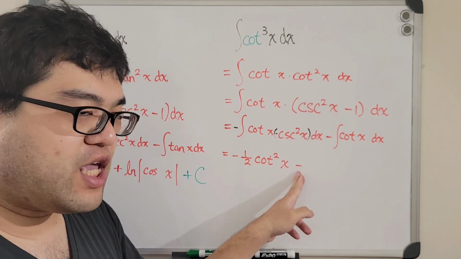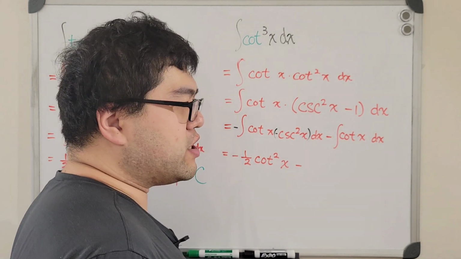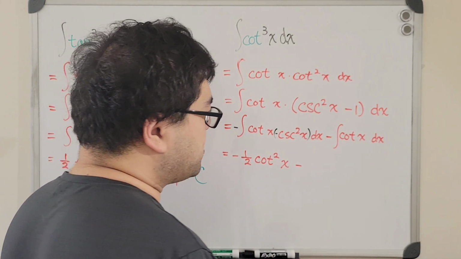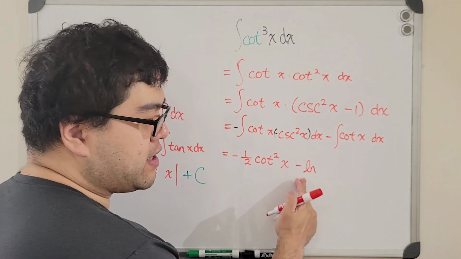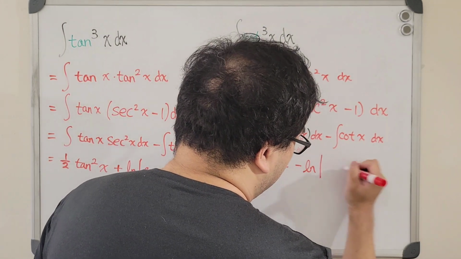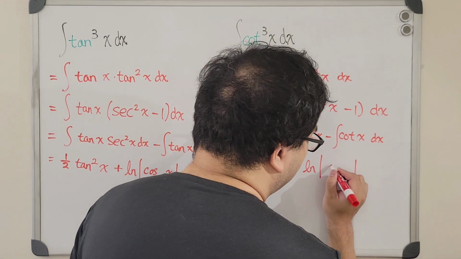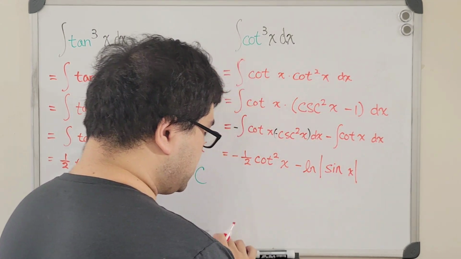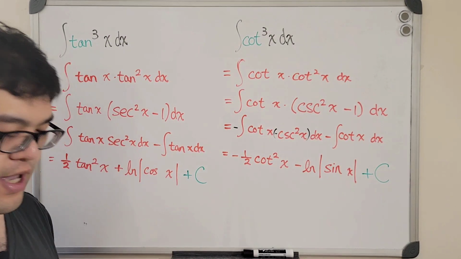So we can actually keep the negative sign in this case, and we will turn the integral into 1 over u times du. So if we take the integral of that, we'll get ln of the absolute value of u, and again this time the u will be the denominator, sine of x. And last but not least, we need to put the plus c. And that is it.